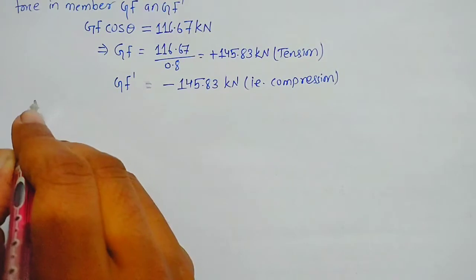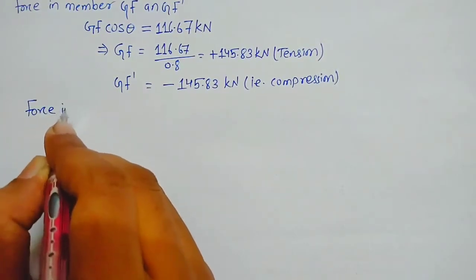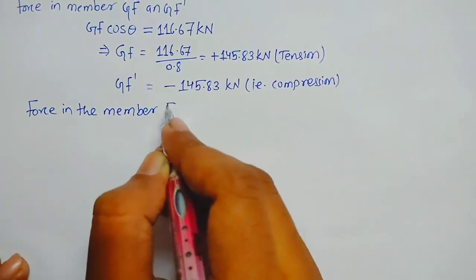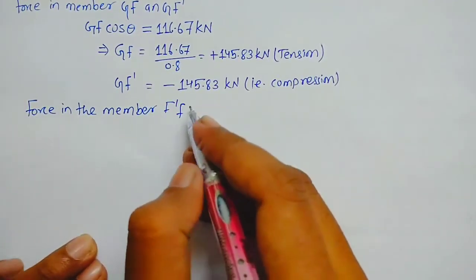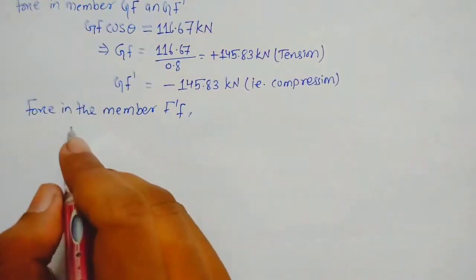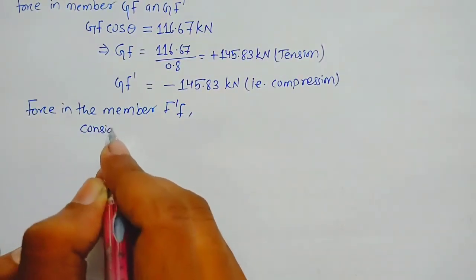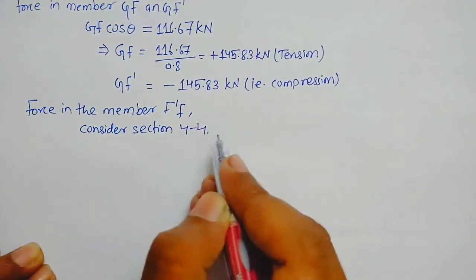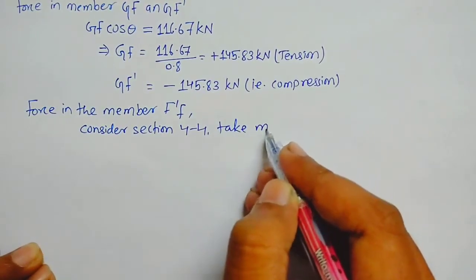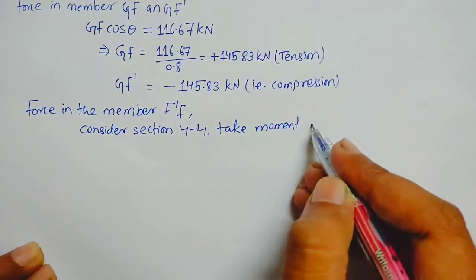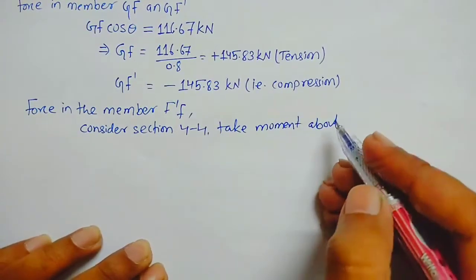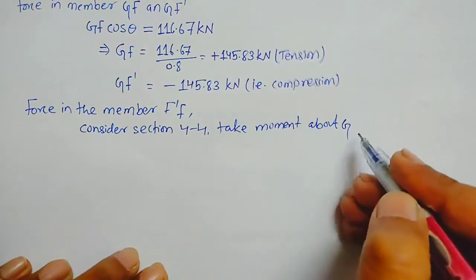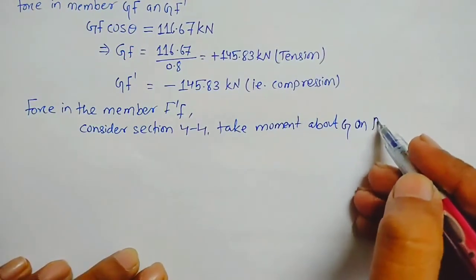Now let us find the force in the member F dash F. So this time also we will consider section 4 and take moment about G on the RHS side.